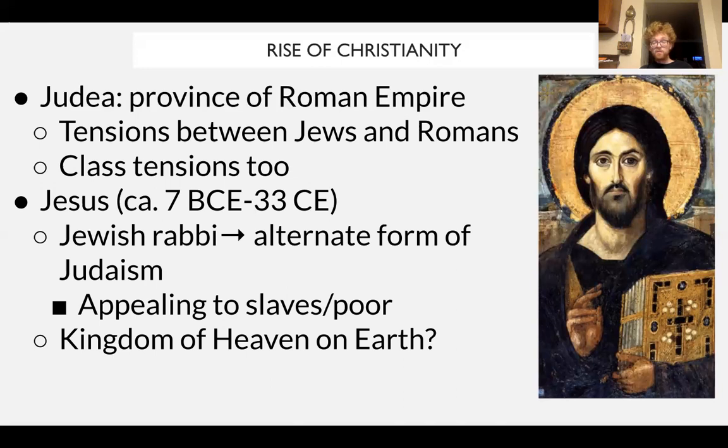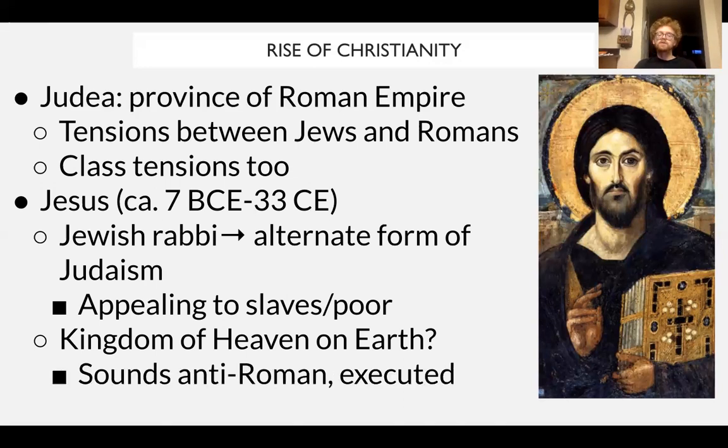And that God isn't the Romans per se. So the Romans increasingly are going to be hostile to Jesus's followers. We are going to see this idea that having a kingdom of heaven on earth, that's not very Roman. Jesus is going to be crucified, which is a punishment reserved for political prisoners.